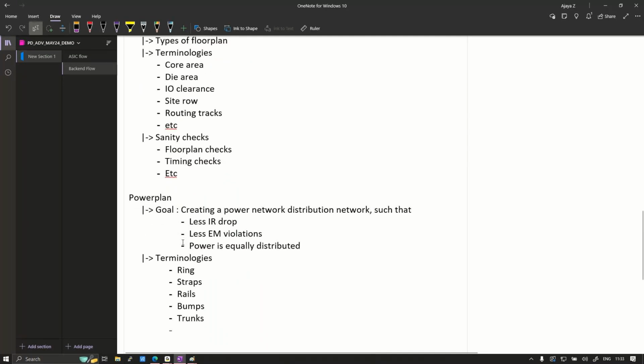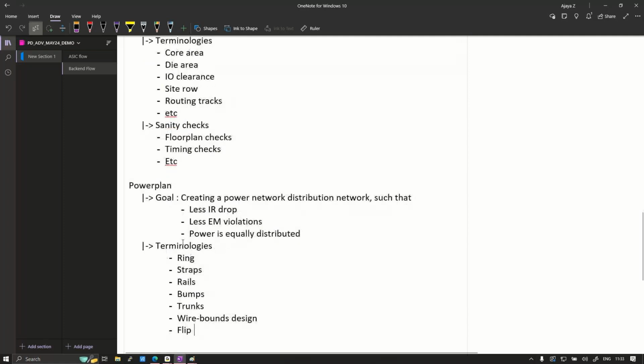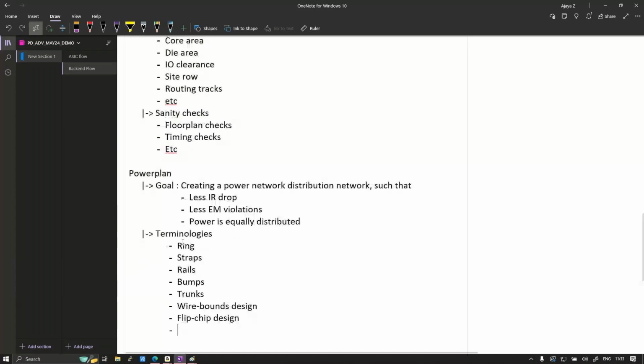Based on the type of manufacturing of the design, we will have a difference in the power network distribution also. That is wire bond design and flip chip designs. What those differences in manufacturing between wire bond design and flip chip design are, we will discuss during the advanced sessions.